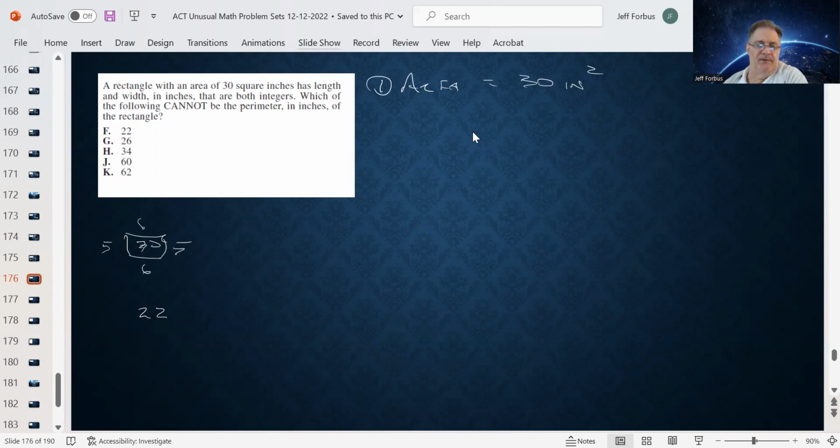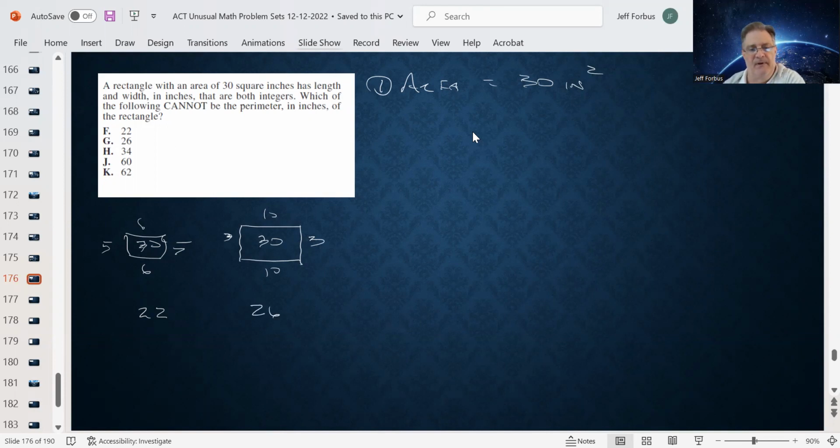The next one you can do is 10 and 3, right? So that's a little bit larger. So that's an area of 30. So we have 10, 10, and 3, and 3. So we have 10 and 10 is 20, and 3 and 3 is 6. So we have 26. So G is not our answer.